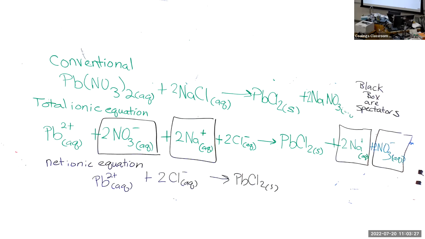In other words, all they did was show up at the party, the spectators. That is the net ionic equation.